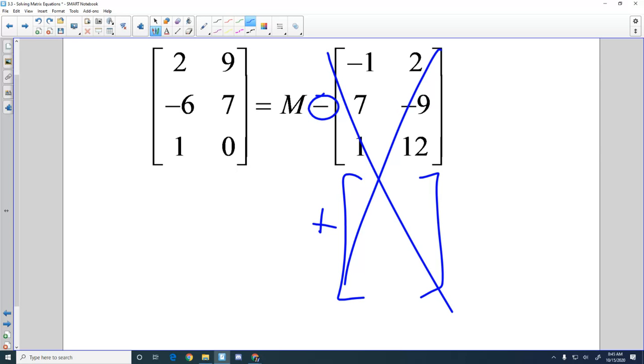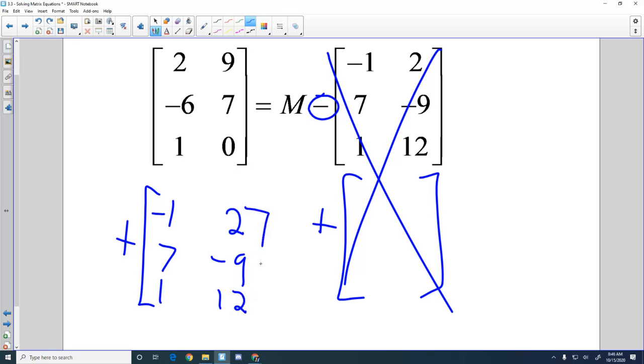But since it's an equation, if I add something to one side, I have to add it to the left side, right? That's where our actual calculation is going to come in. To keep things balanced, I add that exact same matrix, -1, 2, 7, -9, 1, 12, to the left side.